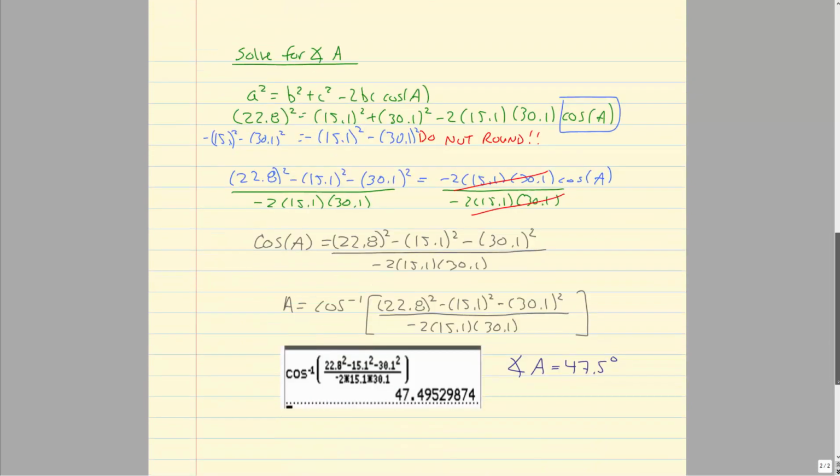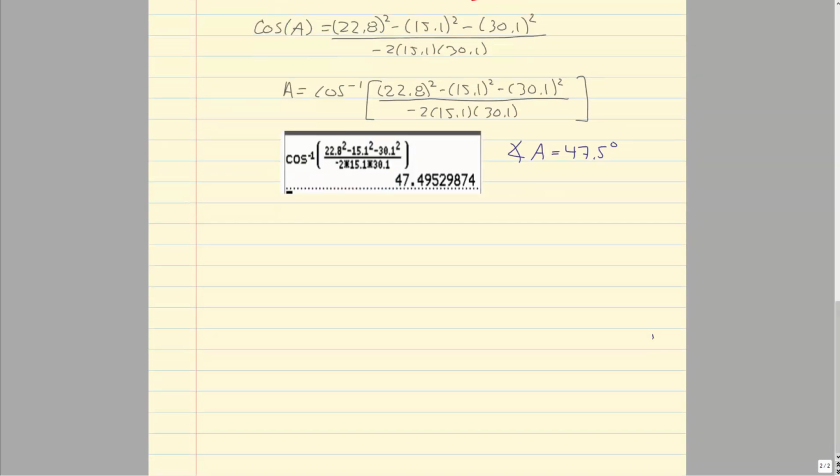And that could be wrong. I don't think it's wrong, but it could be wrong. And so that's an example of one of the reasons we always want to go back to the work and the numbers that is given to us instead of the values that we determine, because we could have a mistake there. So let's go ahead and look at finding angle B.